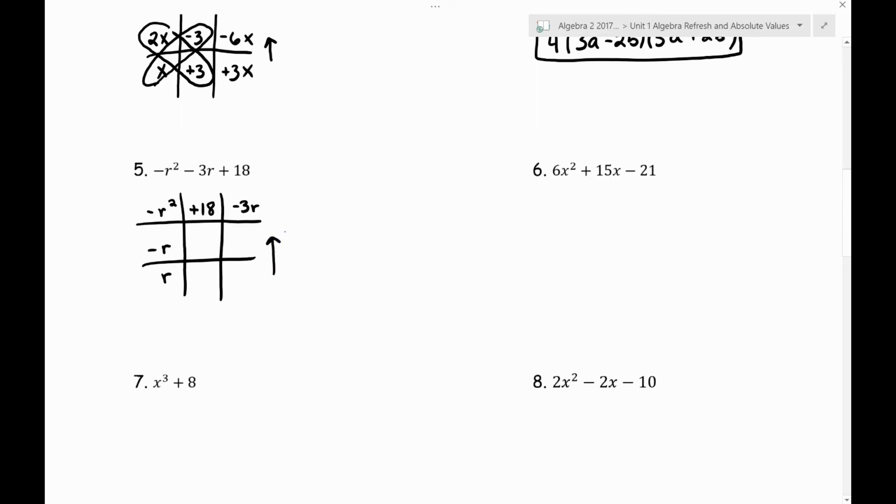Let's think. 6 and 3 would give me a difference. So let's do positive 6 and positive 3, because that would be negative 6r and positive 3r, so that's going to add up to negative 3r. So I get r plus 6. Again, when I break this polynomial down, it factors nicely to r plus 6 times negative r plus 3.